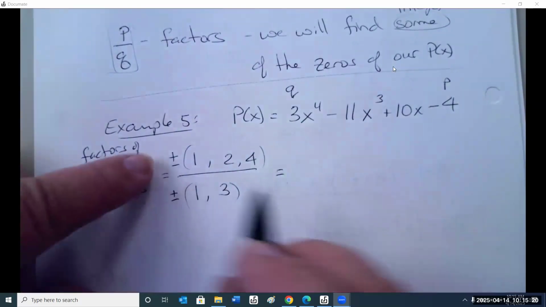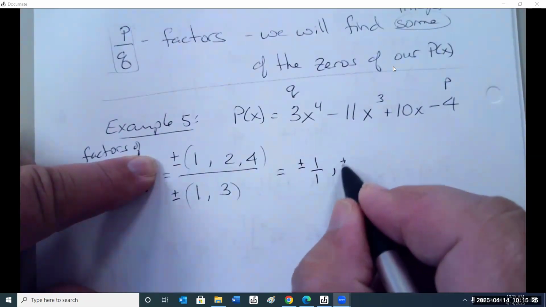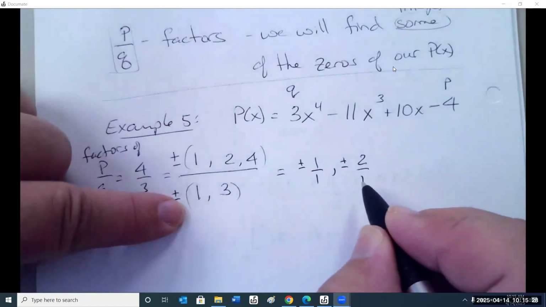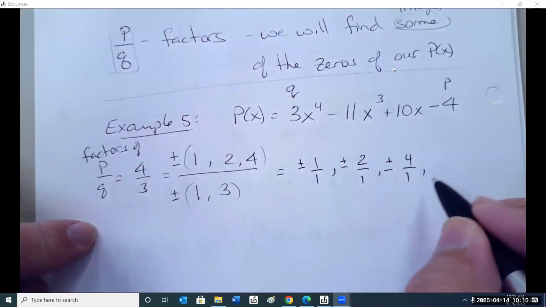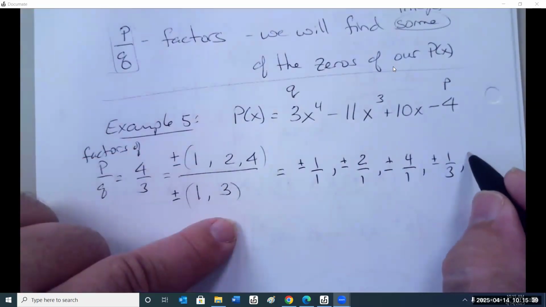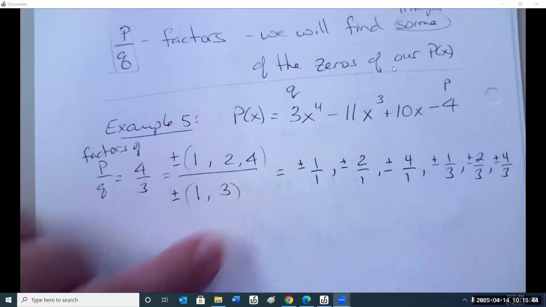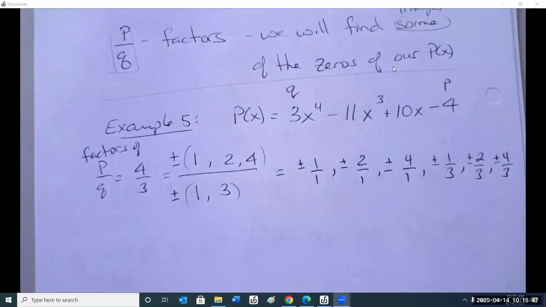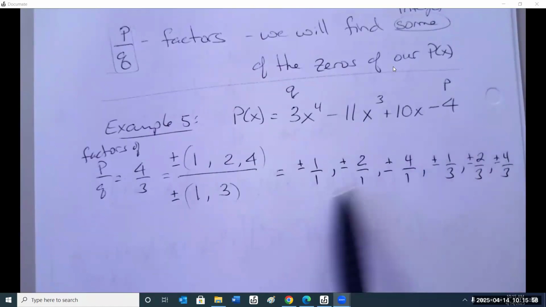Let's see what they look like. It could be positive or negative 1 over 1, positive negative 2 over 1, positive negative 4 over 1, or positive negative 1 over 3, positive negative 2 over 3, positive negative 4 over 3. So we've gone from infinitely many possibilities down to these 12.